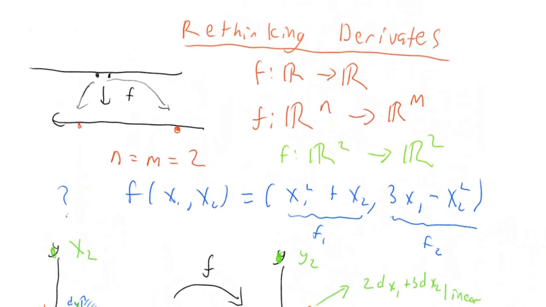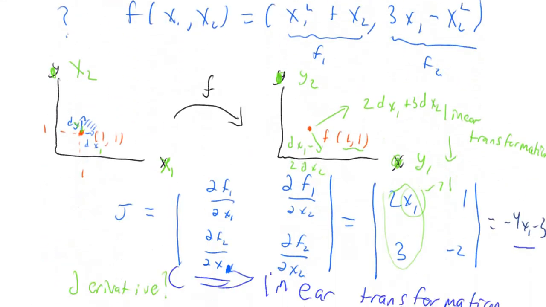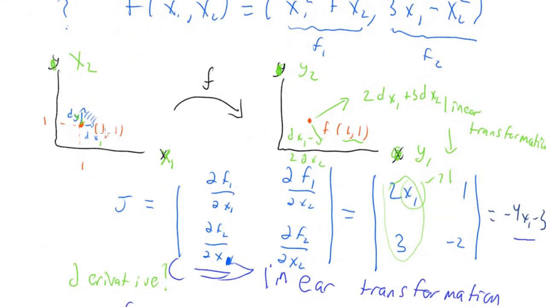So that's the way to think about multivariable derivatives: take these basis vectors and look at the image under f. Think of f as an action.